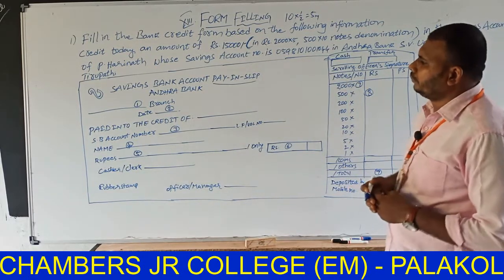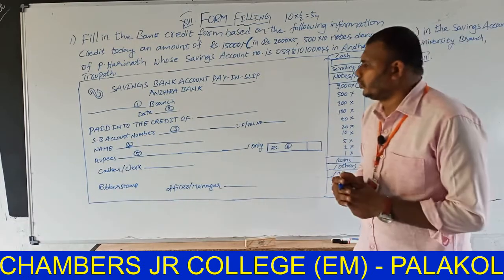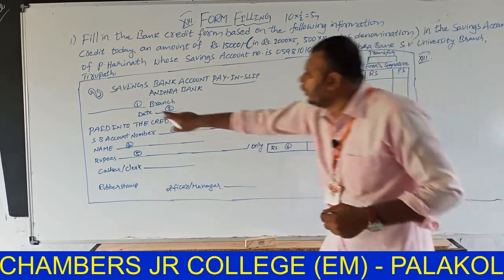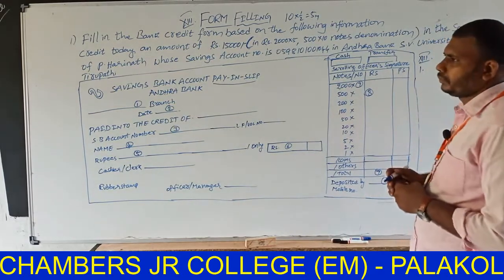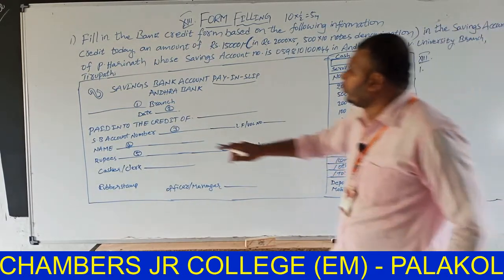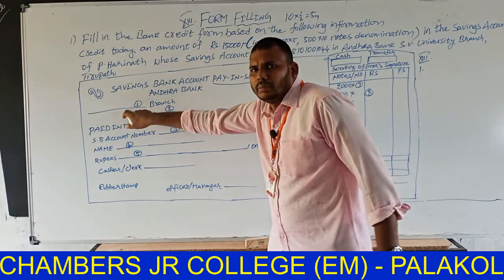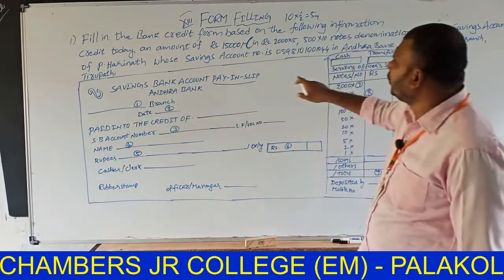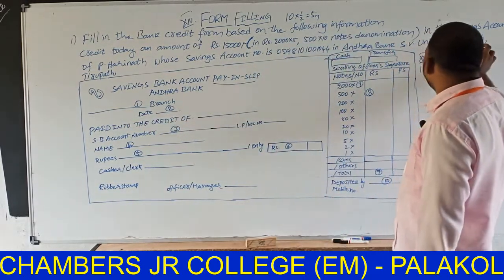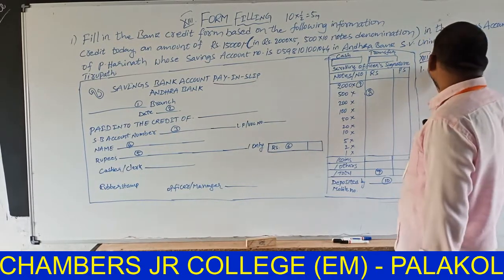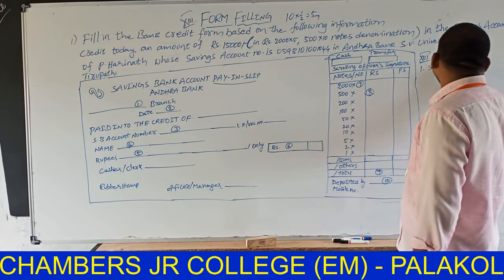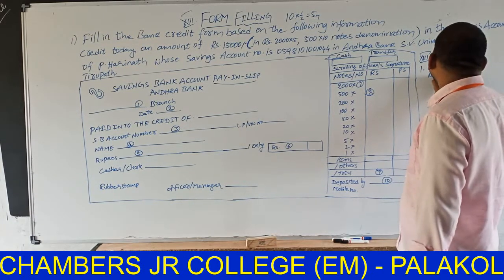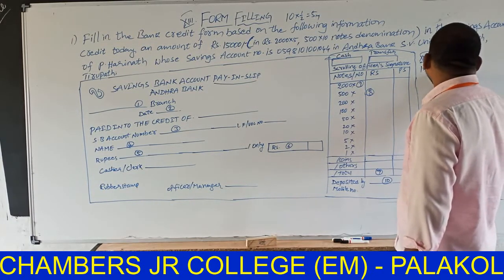Now we are beginning writing the answer. The first number is given at the column of branch. So write the number 1 here. What answer should be written before the number 1, branch? What is the branch mentioned here? SV University branch, Tirupati. So write SV University branch, Tirupati.